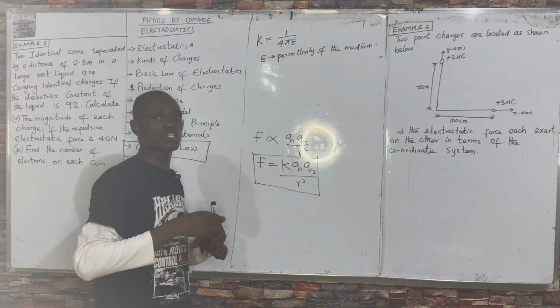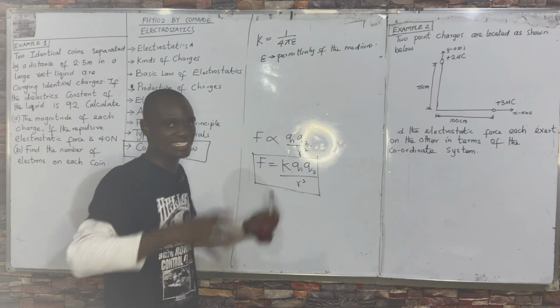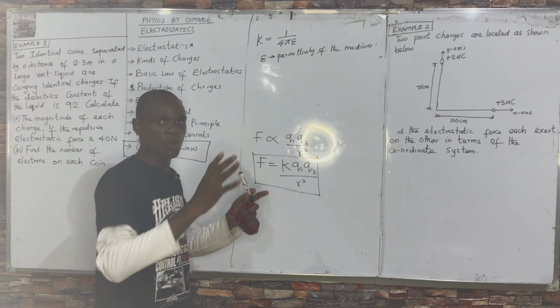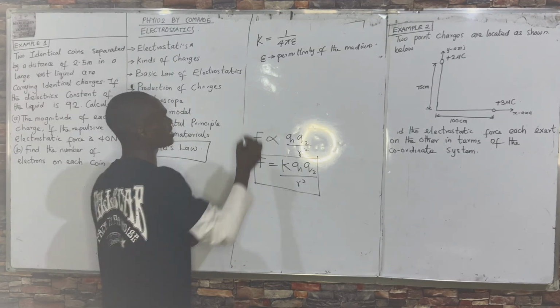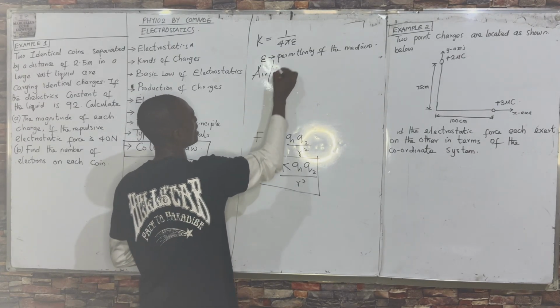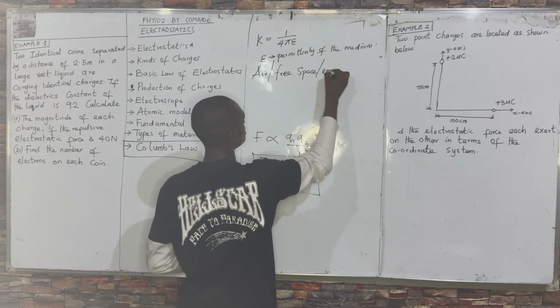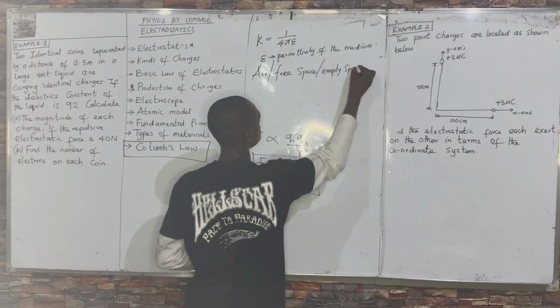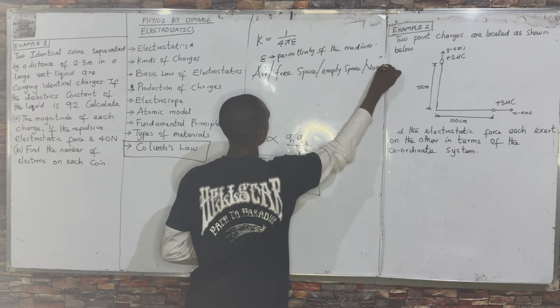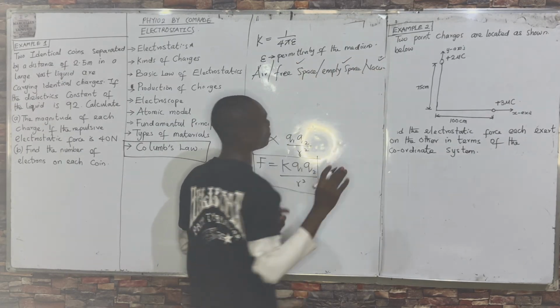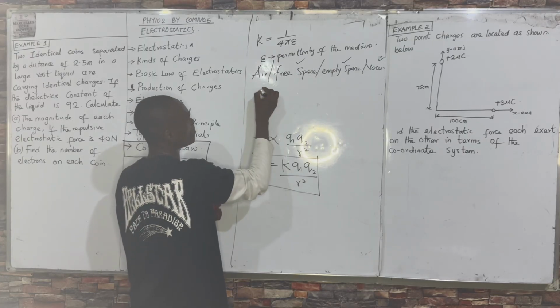Now, if the medium in which the charge is interacting is air, or free space, or empty space, or a vacuum, anyone you want to call it, then we have E naught.